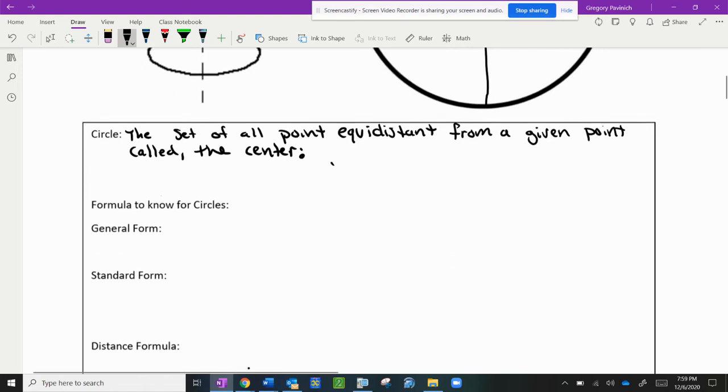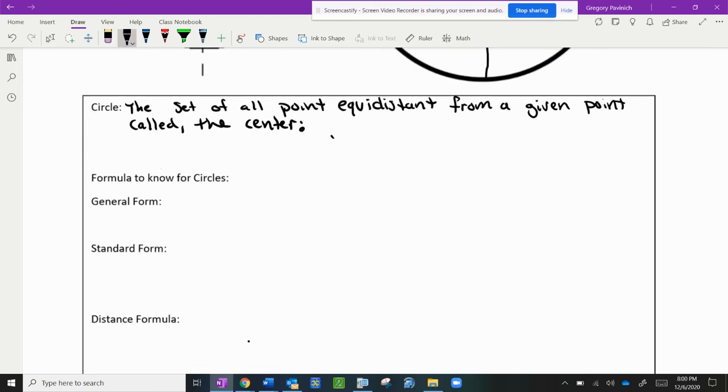There's some formulas you need to know for the circle, and that one is the general form ax squared plus by squared plus cx plus dy plus e equals 0. So this is the general form for any conic: a hyperbola, parabola, circle, or ellipse.